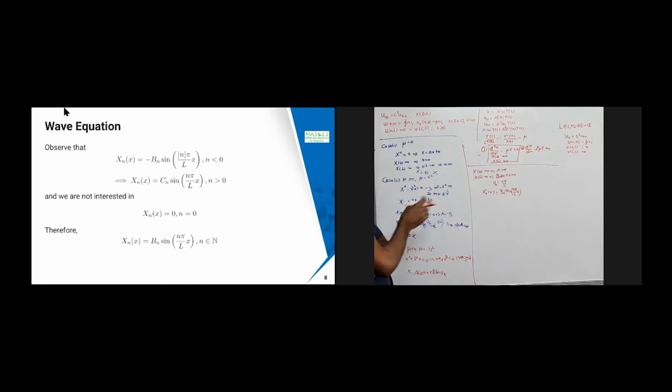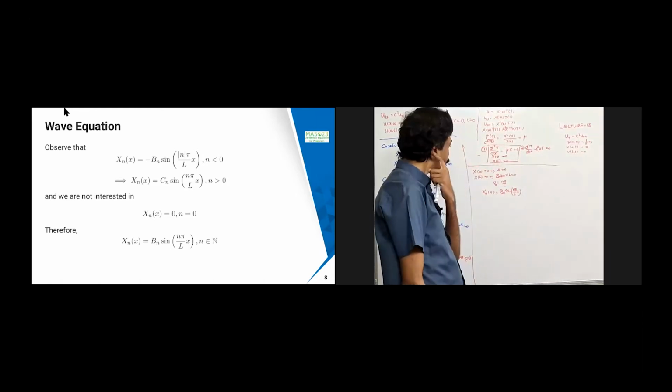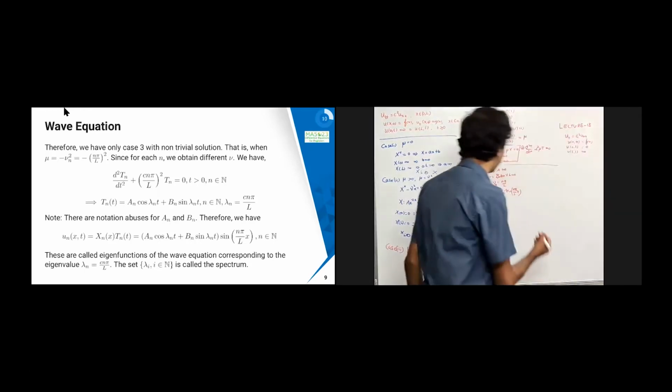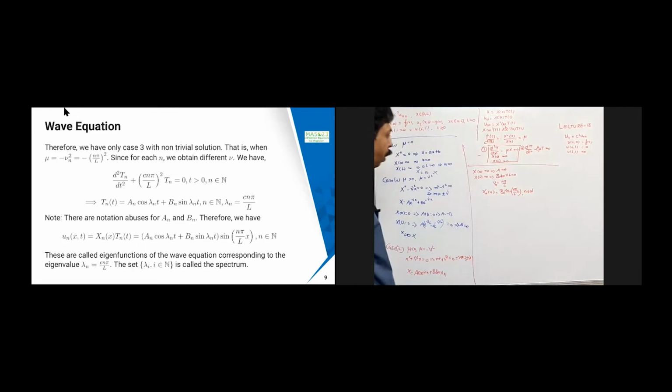Therefore, I am just going to consider only the positive case and ignore the negative, because that is also taken care of by the number B_n. So I am going to consider n belonging to N, natural numbers only.